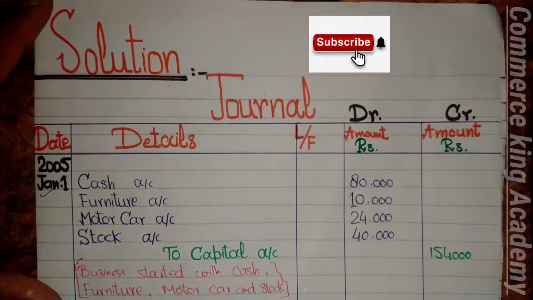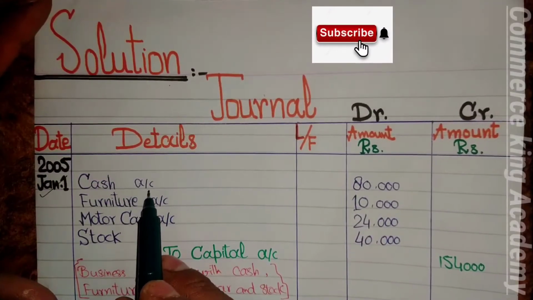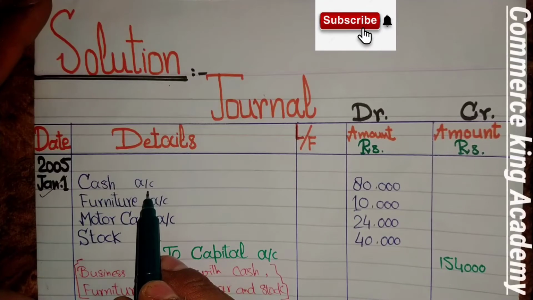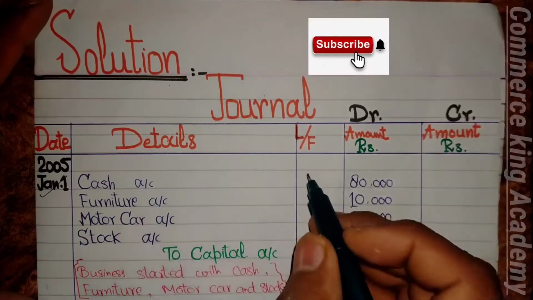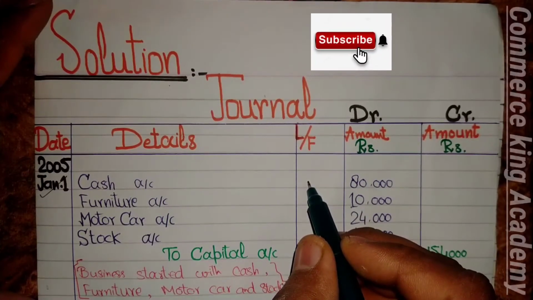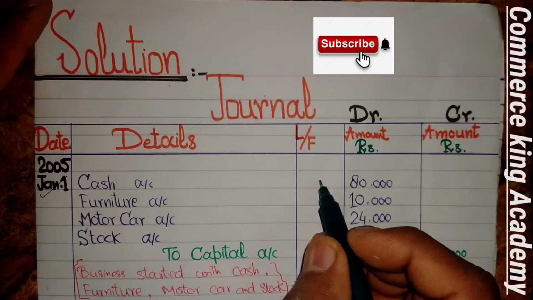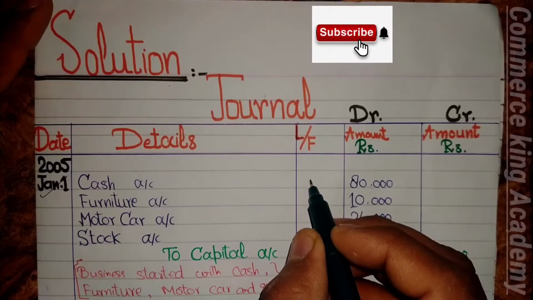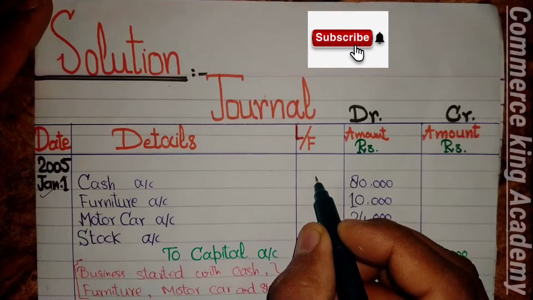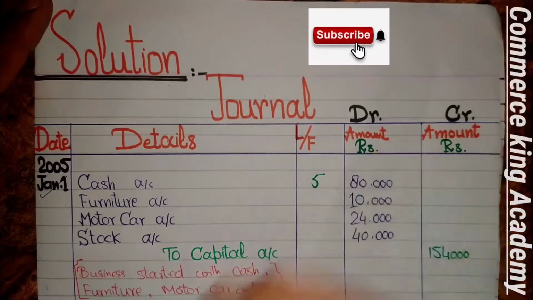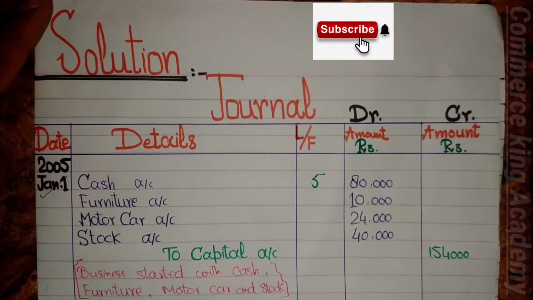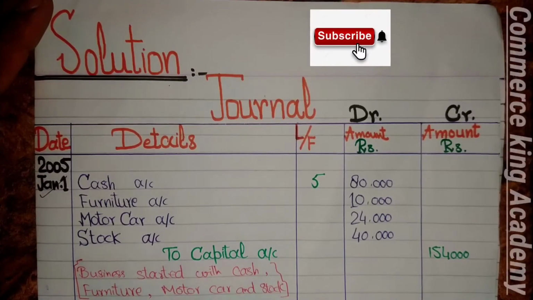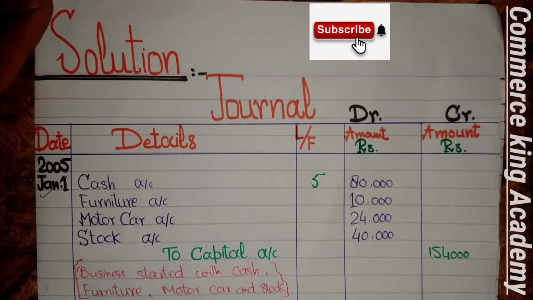After completion of the ledger of cash account, you must keep one most important point in mind: we must give the ledger folio number to all accounts. Just like this, we will give the ledger folio number or account number to cash account, which is 5 or 6, 7, for your own convenience to identify or search the account easily.